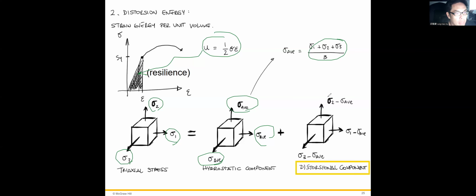That means this component deforms the material. We modify the triaxial stress state in the distortion component to sigma 1 minus the average stress, sigma 2 minus the average stress, and sigma 3 minus the average stress. So this component makes the material deform.